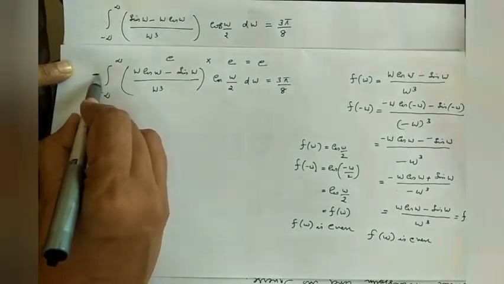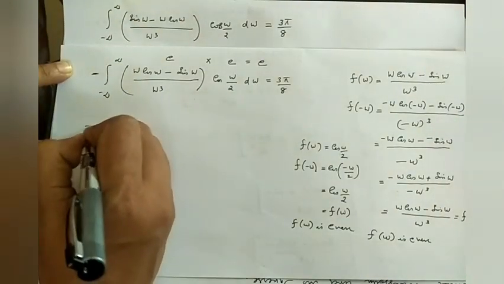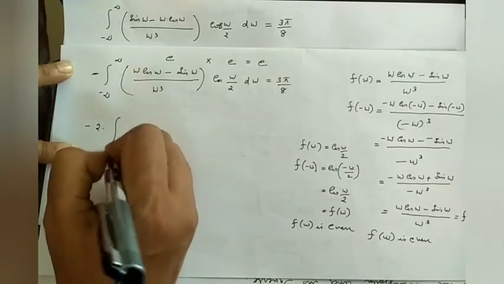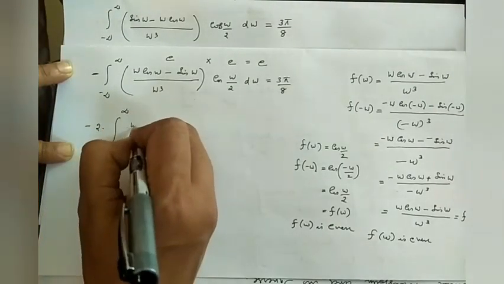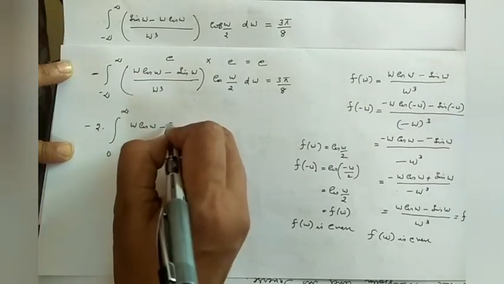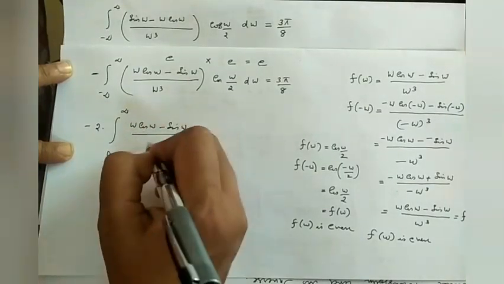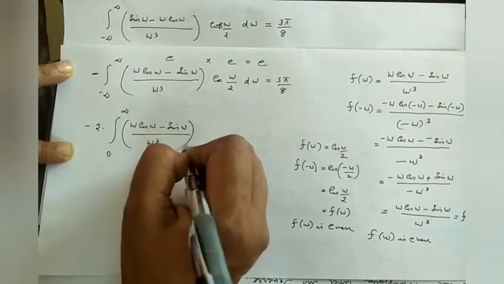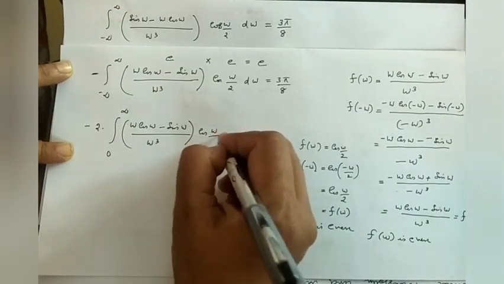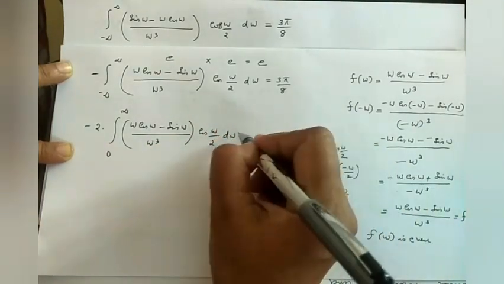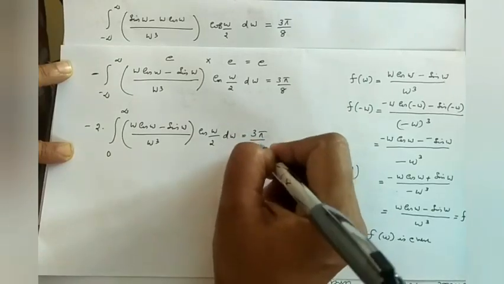Before that, applying a minus sign is already here. It is minus into 2 into 0 to infinity (omega cos omega minus sin omega) by omega cube into cos omega by 2 d omega, which is equal to 3 pi by 8.